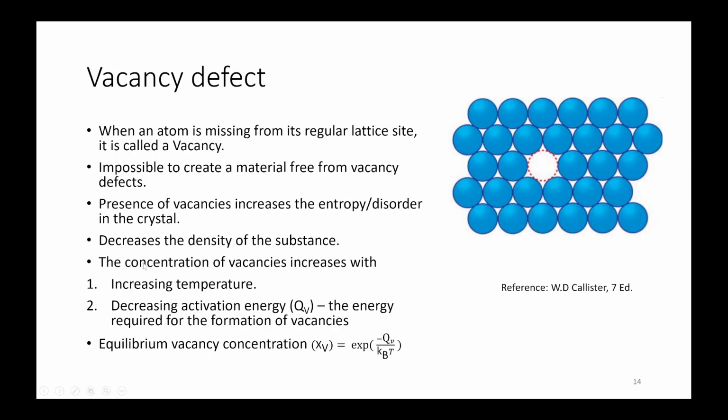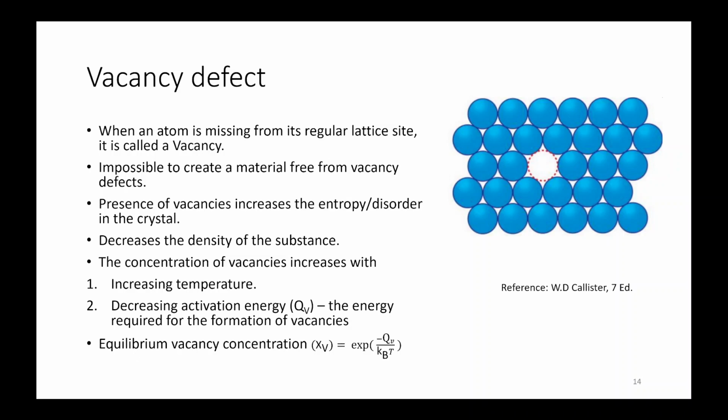It also decreases the density of the substance, and the concentration of vacancies increases as you increase temperature, because there is more energy available for atoms to jump around in the lattice, decreasing activation energy.